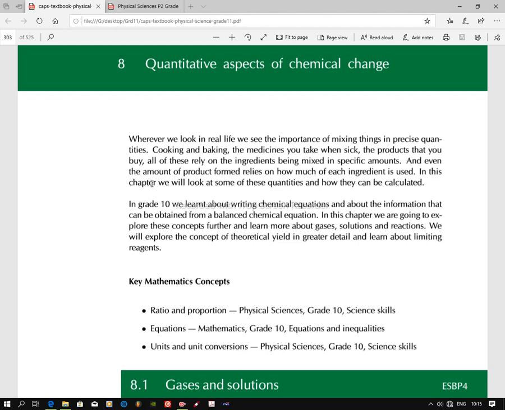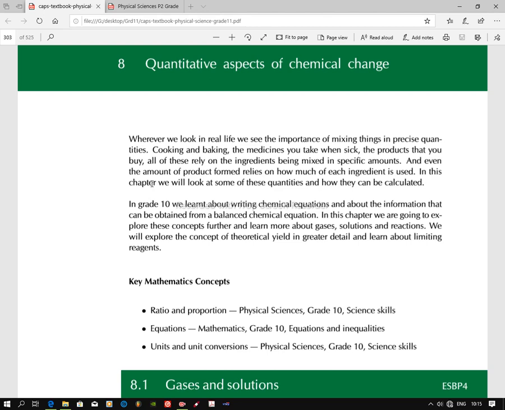You understand? They say in grade 10 we learned about writing chemical equations and about the information that can be obtained from the balanced equation. In this chapter we are going to explore this concept further and learn more about gases, solutions, and reactions.